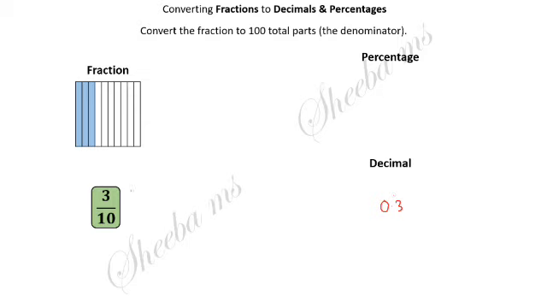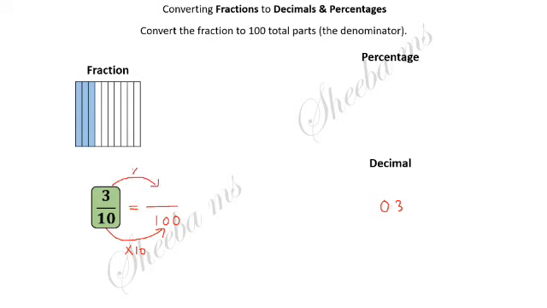And as a percentage, how do you say? So 3 by 10, we want to make it into 100. We want to change the denominator from 10 into 100. For that, we have to multiply the denominator by 10, so 10 multiplied by 10 is 100. When we multiply the denominator by 10, here also we have to multiply to get the equivalent fraction.